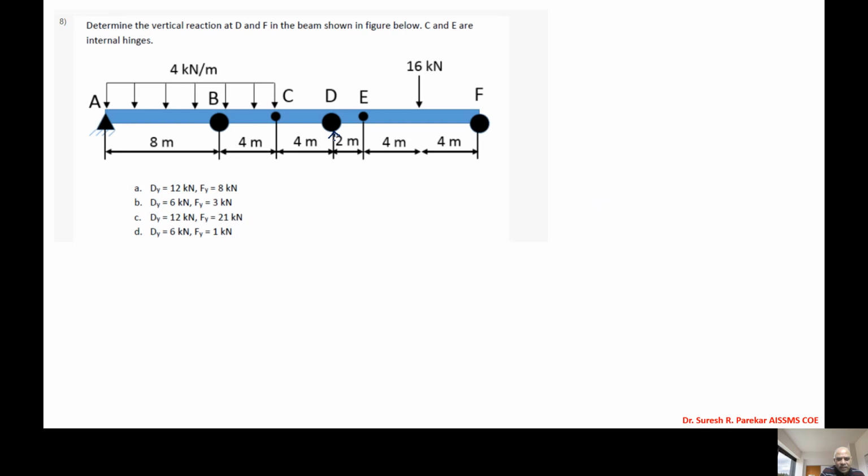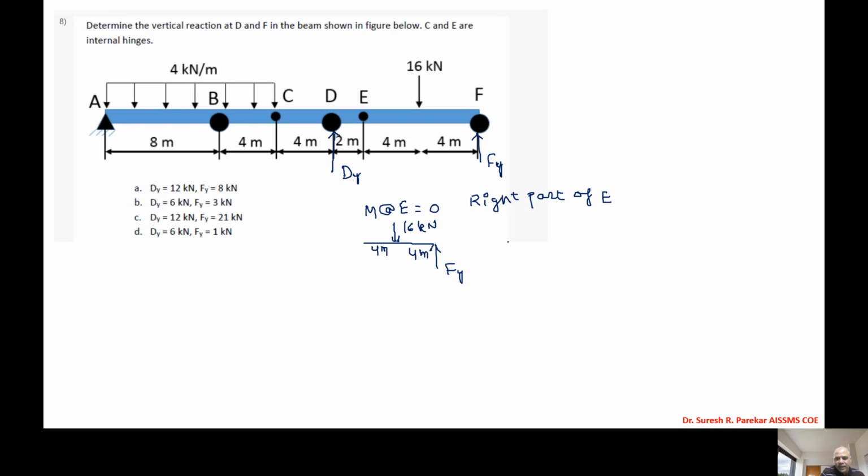Now determine the vertical reaction at D. We will consider the vertical reactions Dy at D and Fy at F. Now we will take moment about E equal to 0, and we will consider the right part of E. So we have Fy, and at F 16 kilonewton, 4 meters and 4 meters.